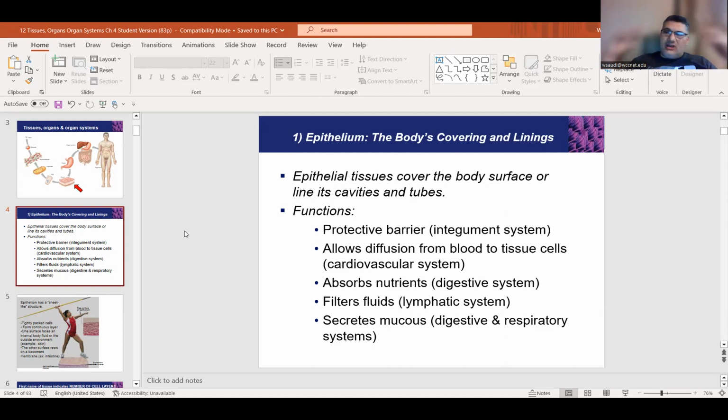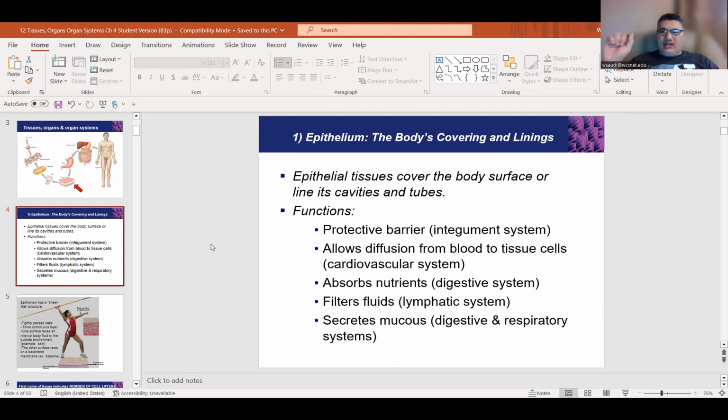Like my skin is covering my body, which means outside. But lining is inside, like inside my stomach, inside my lung, inside my intestine, the innermost. This is called lining. Both of those are epithelium.